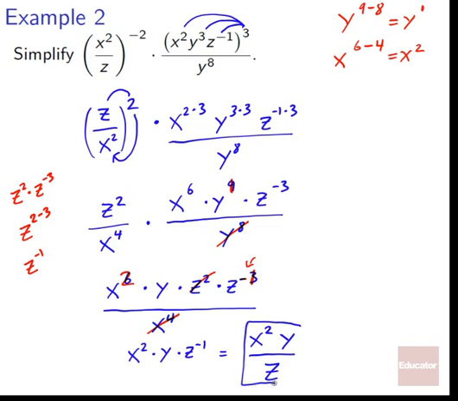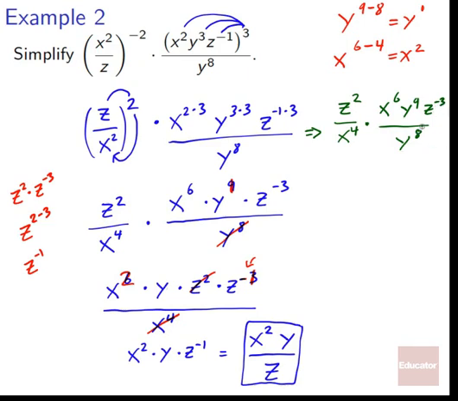Once again, like our first example, there's other things that we could have done at various points. If we wanted to, we could have broken off here, and we probably could have written this as z squared over x to the 4th on our next step times x to the 6th, y to the 9th, and then z to the negative 3 over y to the 8th.